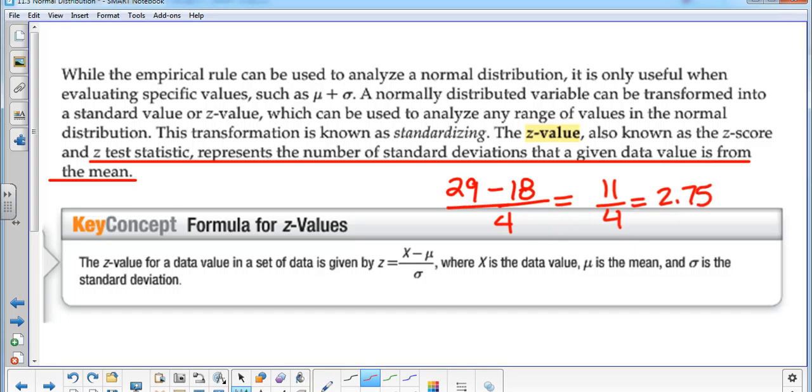So you scored a 29. According to made-up Hofbauer data, you scored almost 3 standard deviations above the mean, okay? But if you did the same thing with your SAT score, could you then see which one was better in comparison to how many standard deviations you were above the norm?